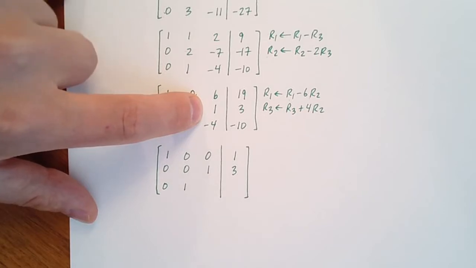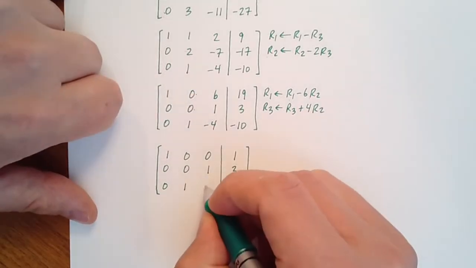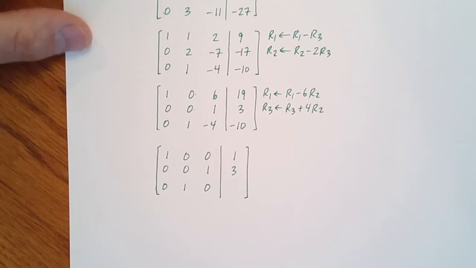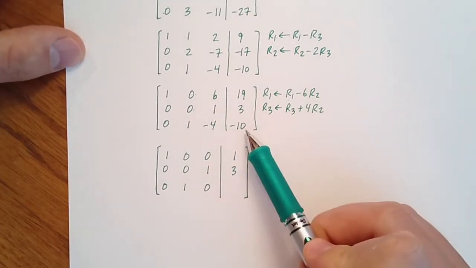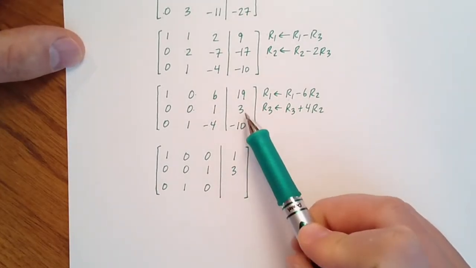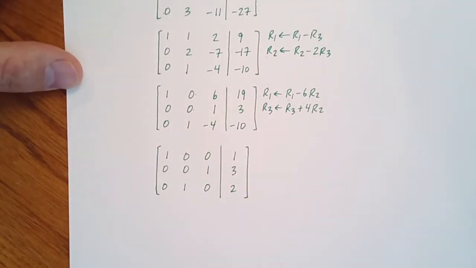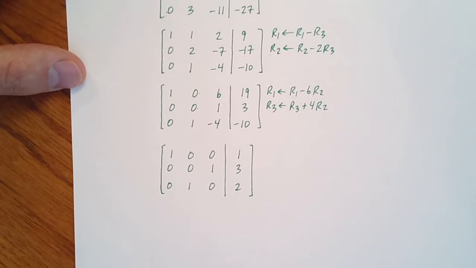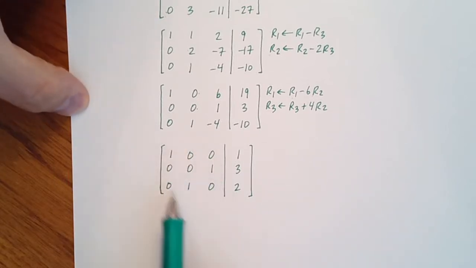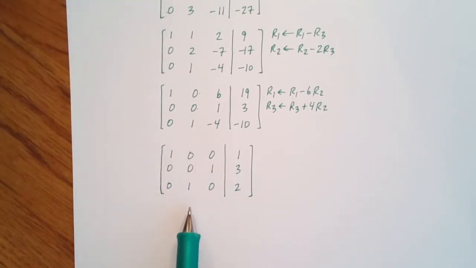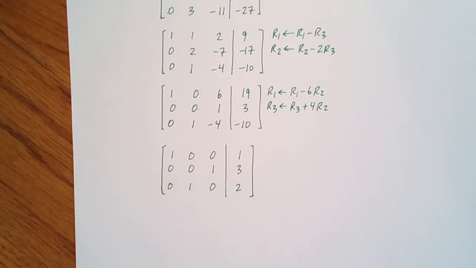That's like negative 4 plus positive 4, which is going to cancel out and give you 0. And then now here, what do we have? Negative 10 plus 4 times 3. That's negative 10 plus 12, which is 2. Okay, so that's pretty good. We got a lot of zeros here, and what isn't a 0 is still a 1. That's part of what we're trying to do.